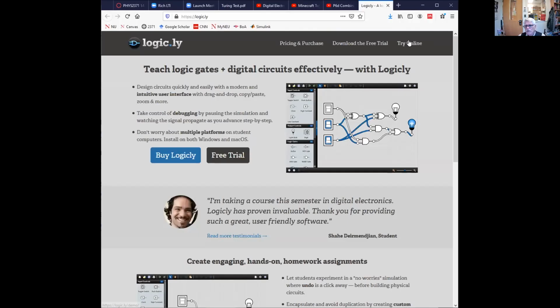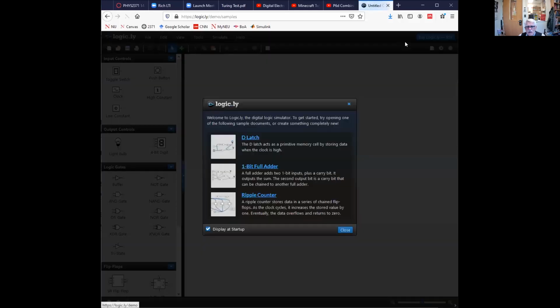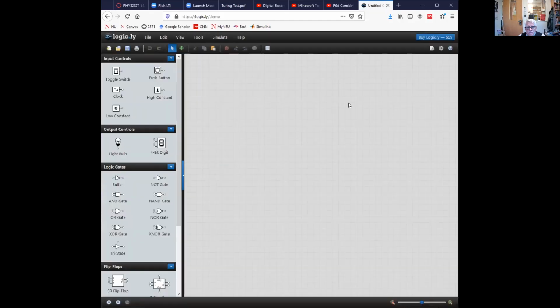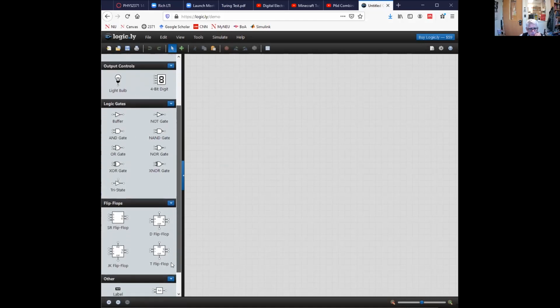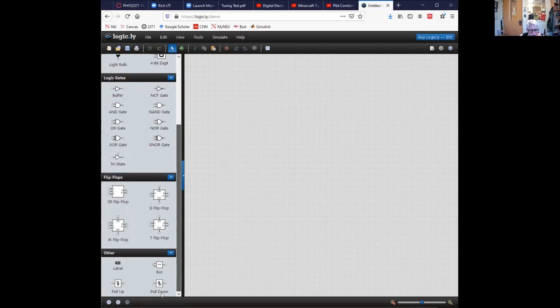Okay, so you can try Logically online. You don't have to install it. So it has switches, it has output, it has various gates, it has flip-flops, which we'll get into later, actually next week.